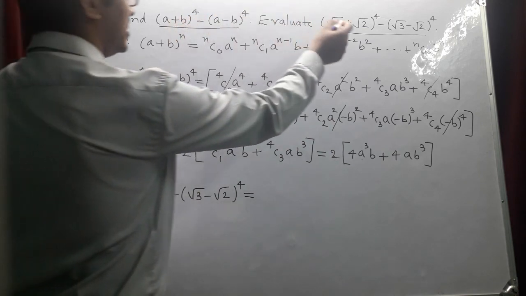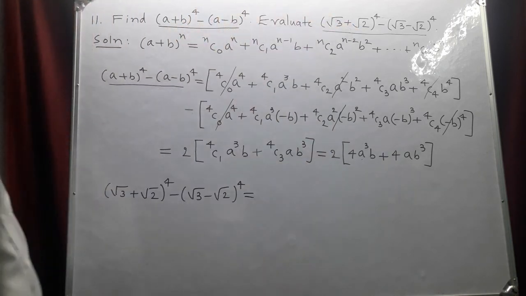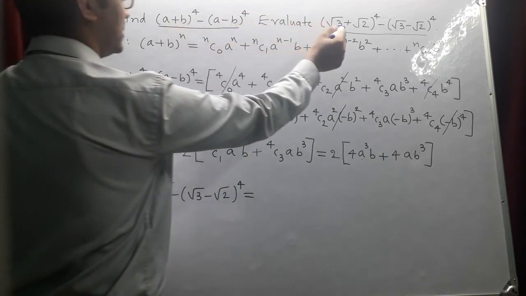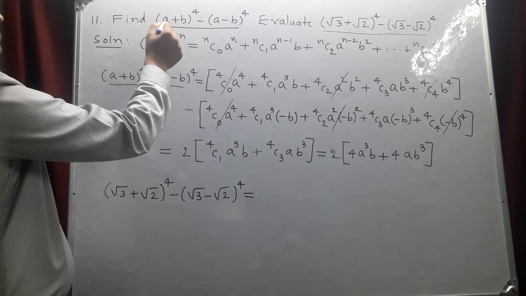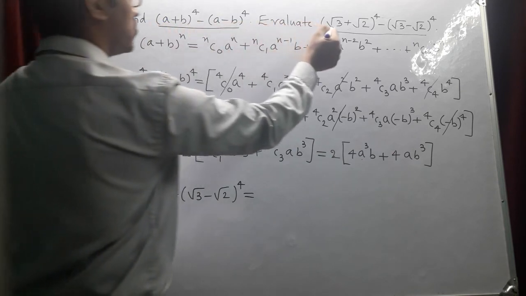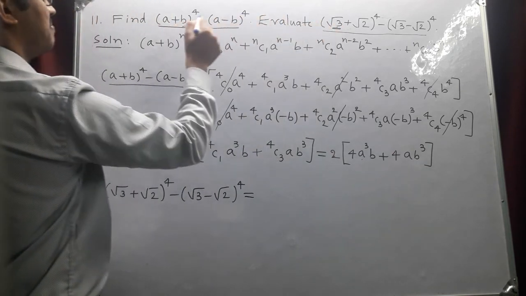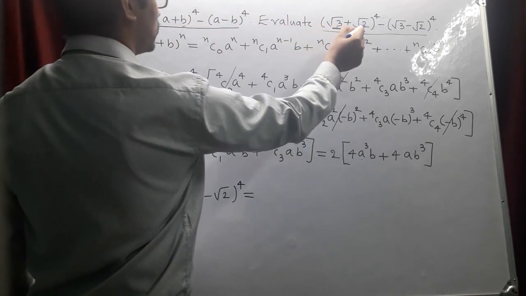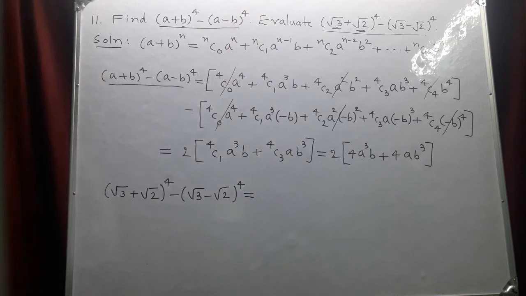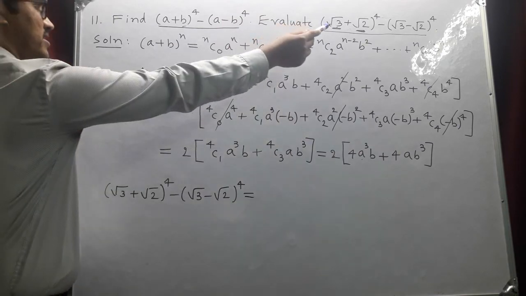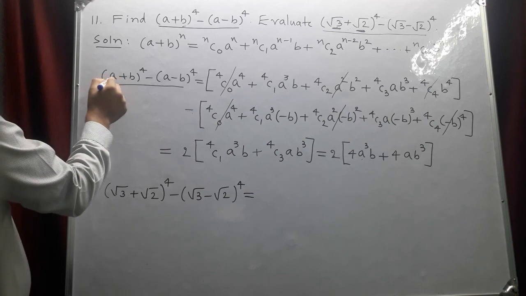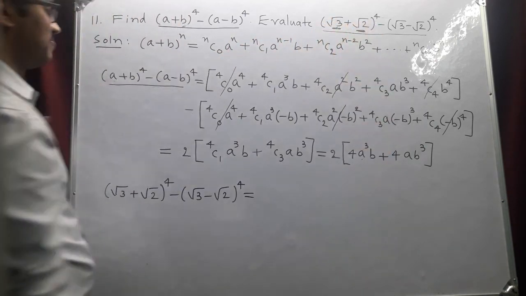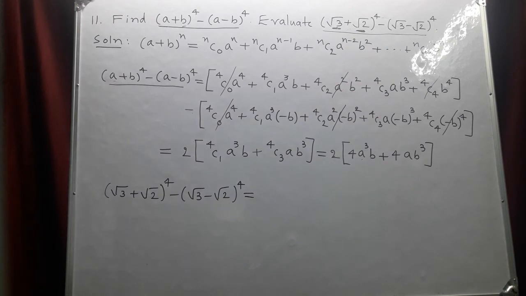If you see these two expressions, both are the same as this one, whenever we take a equals root 3 and b equals root 2. So to evaluate this one, in place of a we can take root 3 and in place of b we can take root 2.